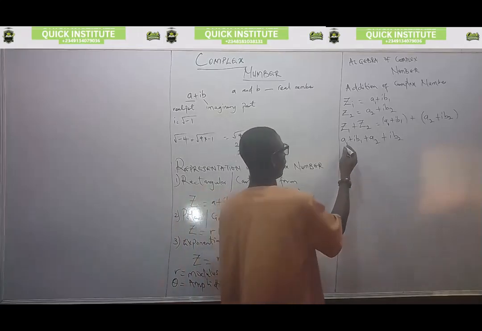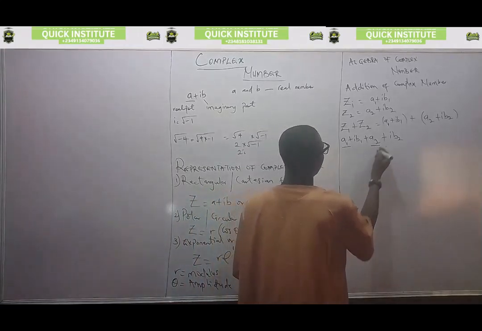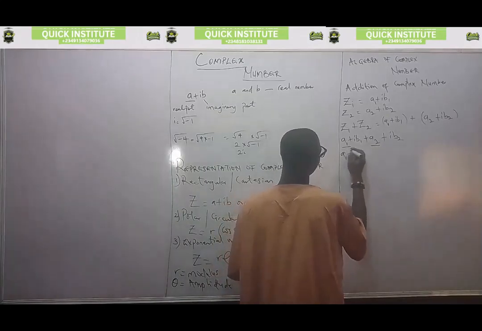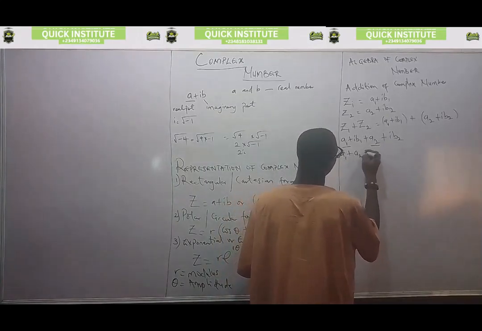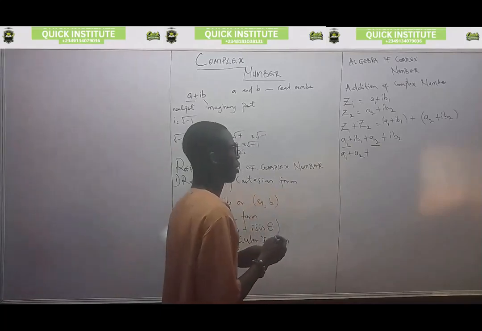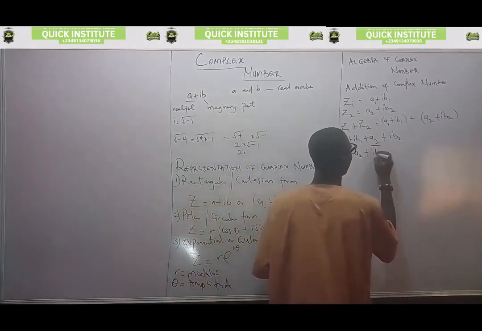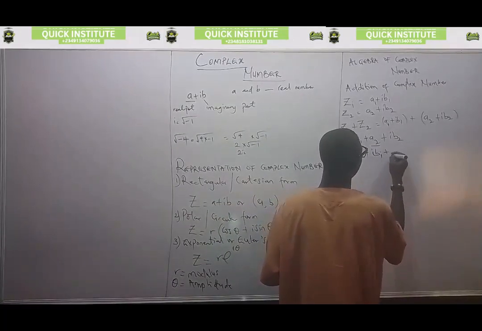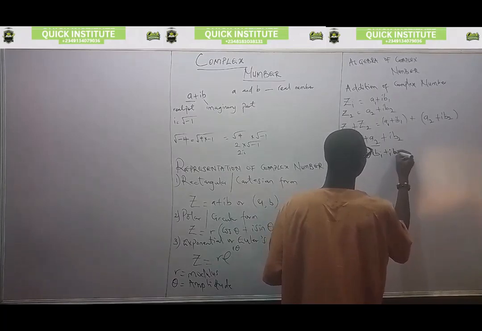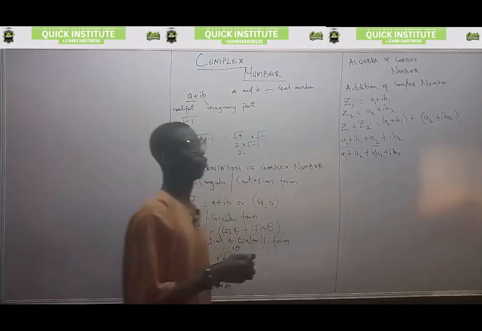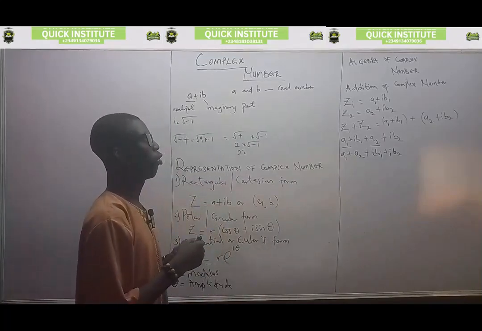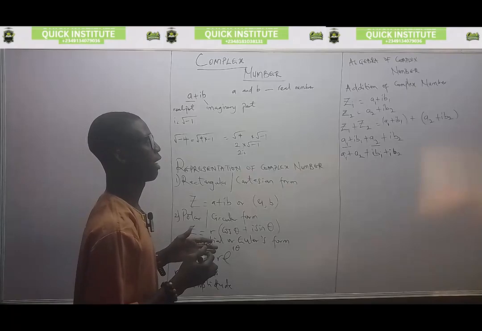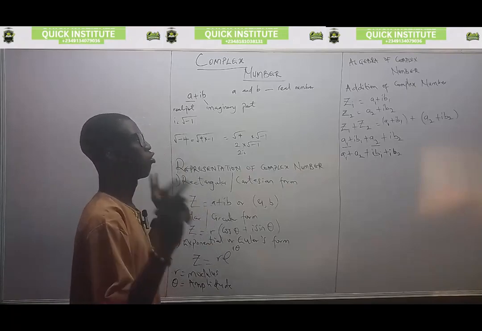Now this is a real number, so say a1 plus a2, plus the imaginary part, which is ib1 plus ib2. That's how you add two complex numbers together.